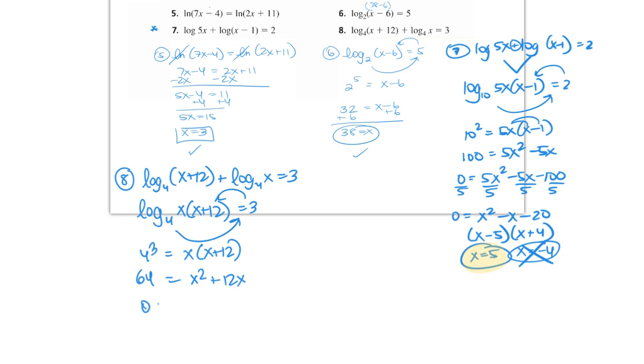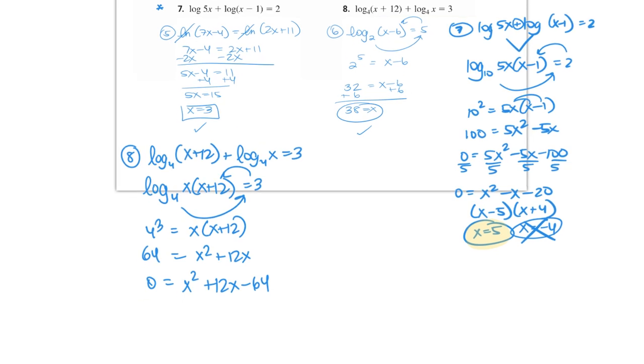Again, I've got to set it equal to 0, so I have to subtract 64 from both sides. And then I have to factor. What numbers multiply to minus 64 and add up to 12? Positive 16 and negative 4. So x equals negative 16 and x equals positive 4.